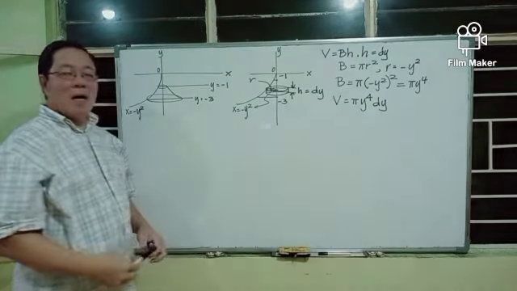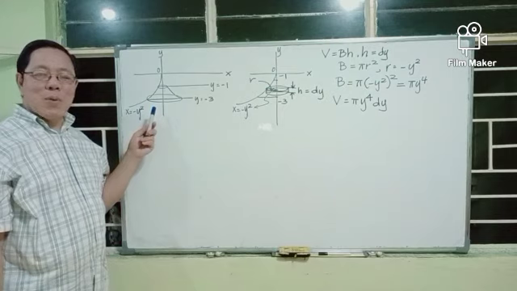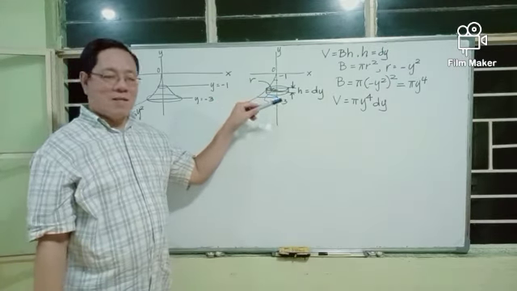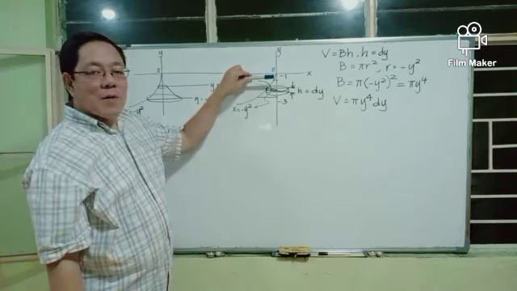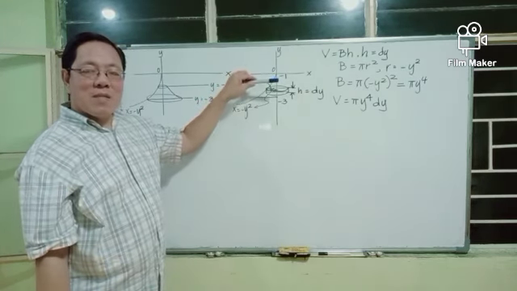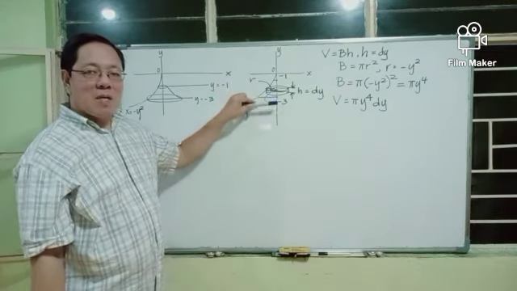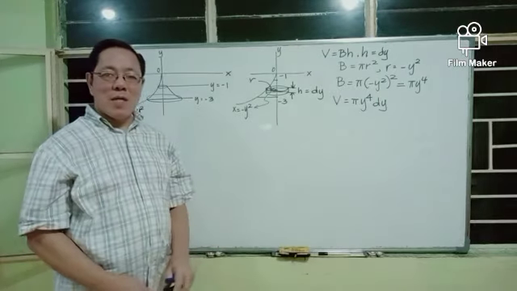Now to get the volume of this solid, we have to add all the volumes of the discs generated by revolving all the rectangular elements that we can get from negative 1 to negative 3. And to do that, we will use integration.